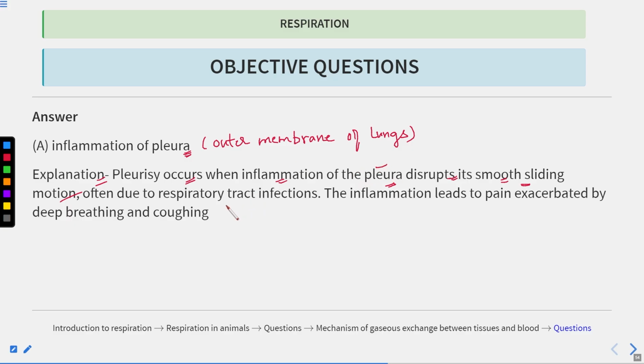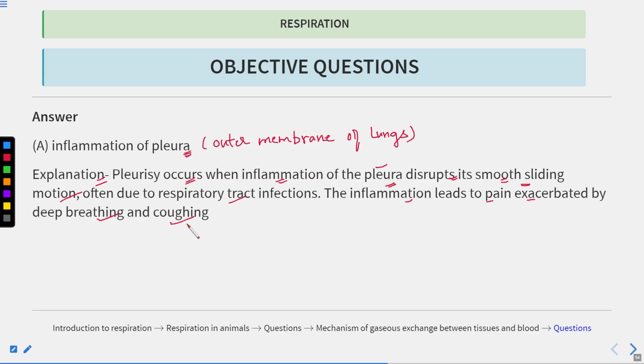This is due to respiratory tract infections, and the inflammation leads to pain exacerbated by deep breathing and coughing. So there is a lot of pain in this disease, and because of the inflammation the pleural membrane cannot slide.